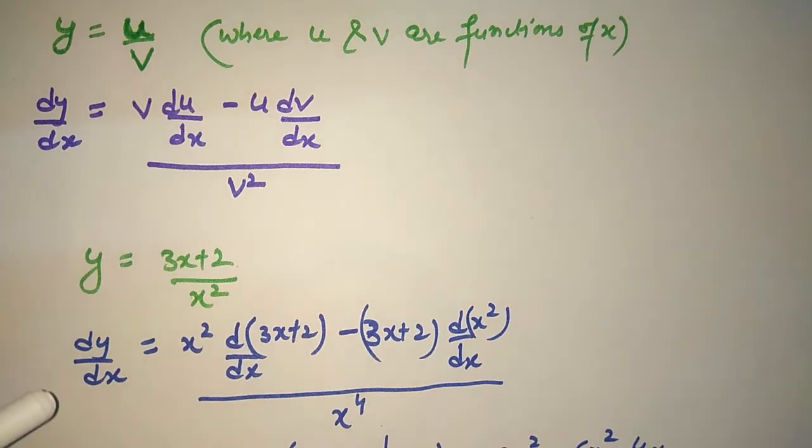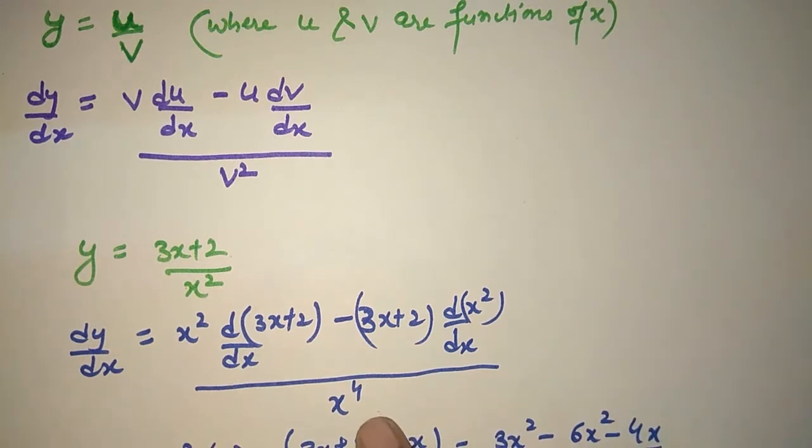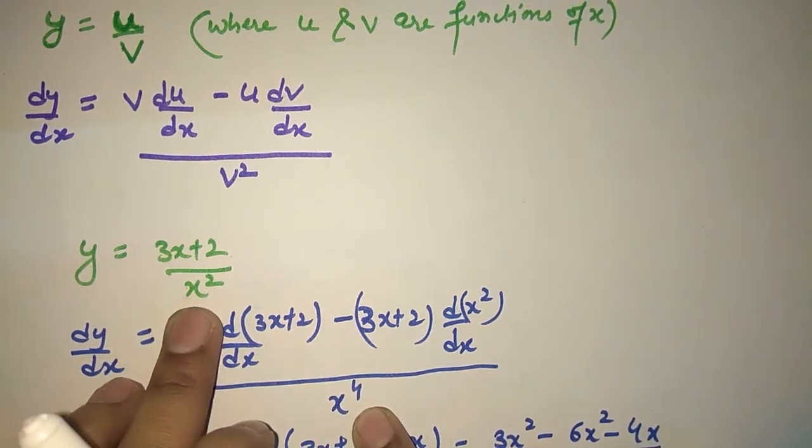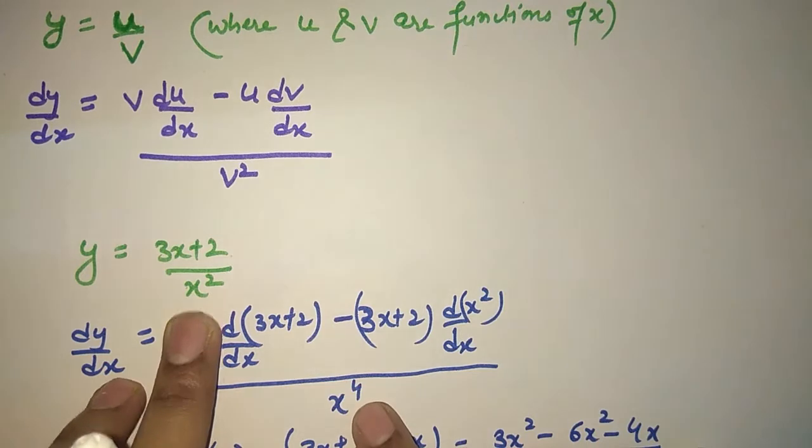So dy upon dx is equals to, write the second function as it is, that is x square, and find the derivative of first with respect to x, that is 3x plus 2, minus write the first function as it is and find the derivative of second with respect to the variable x, that is d x square upon dx. Now upon square of the denominator, that is square of x square, that is x raised to power 4.